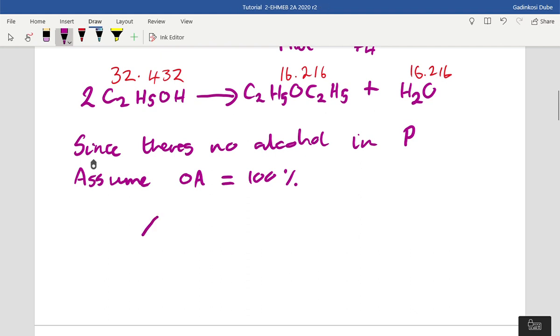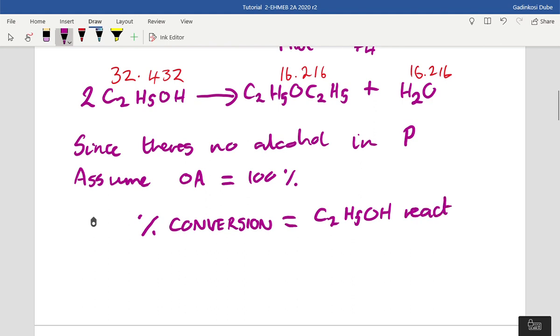Percentage conversion, if you're looking for the overall, is given by, in this case, the ethanol, C2H5OH, that reacts overall divided by the C2H5OH that is fed in the fresh feed.